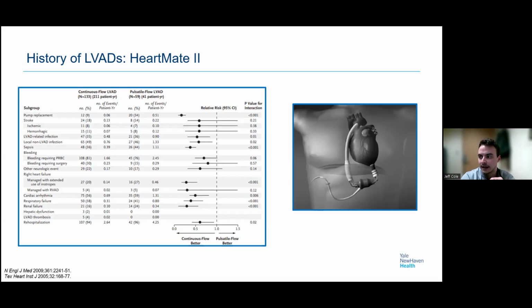Bleeding, stroke, and pump thrombosis were not significantly different between the groups, but overall the higher survival free of disabling stroke was notable.